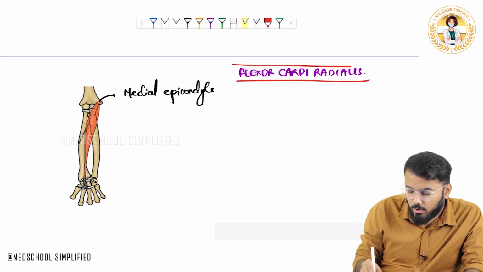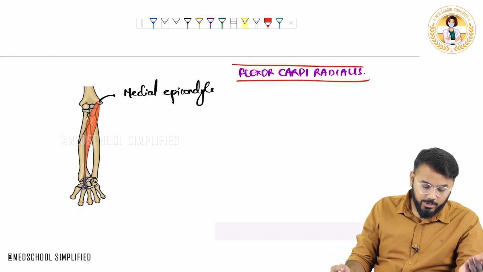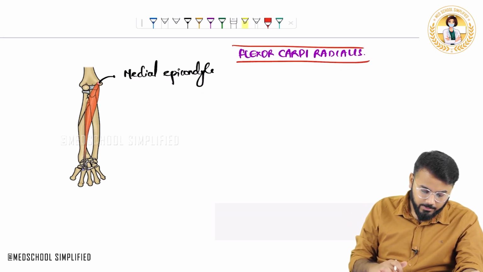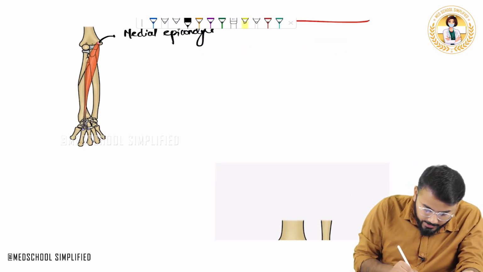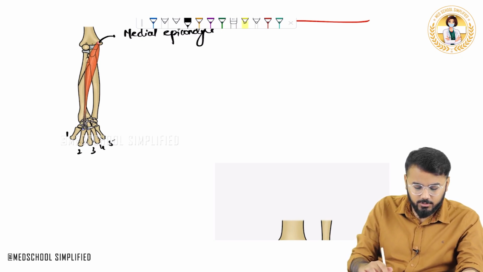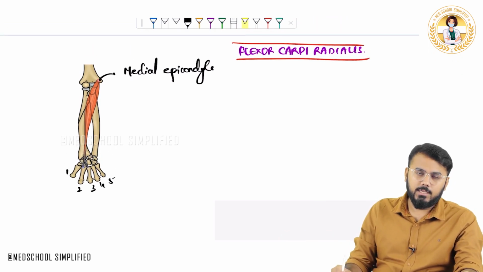And again I am telling you, origins and insertions are not needed for you to know. But if you wanted to know, just keep in your mind, if you look at the numbering here, 1, 2, 3, 4 and 5, the flexor carpi radialis inserts to the base of the second metacarpal.